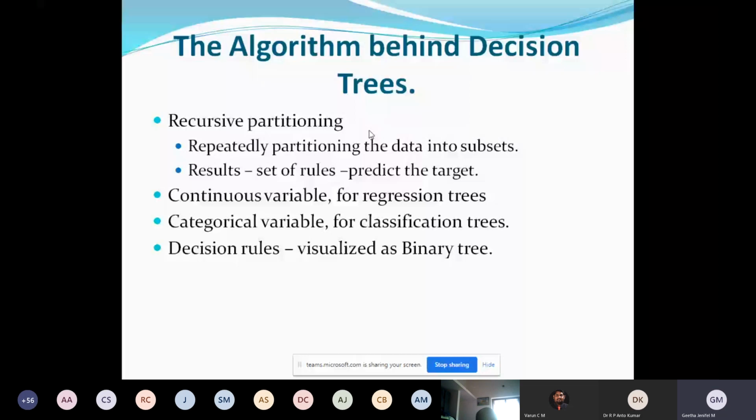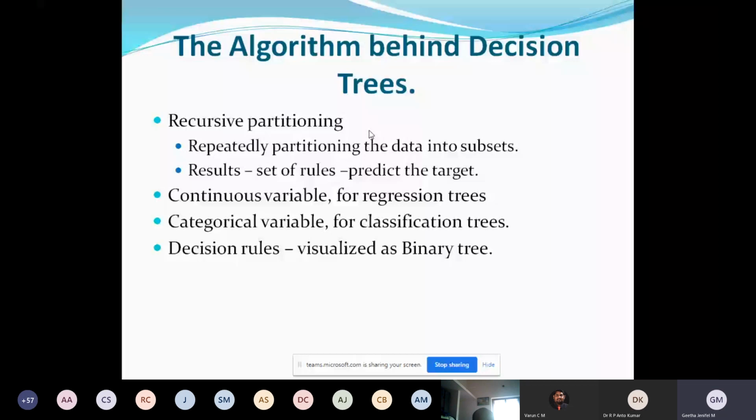These rules are used for predicting the outcome variable. It can be either a continuous variable or a categorical variable. If the output is a continuous variable, it is for regression trees; if the output is a categorical variable, that is for classification trees. Here, the decision rules generated by CART are visualized as a binary tree.